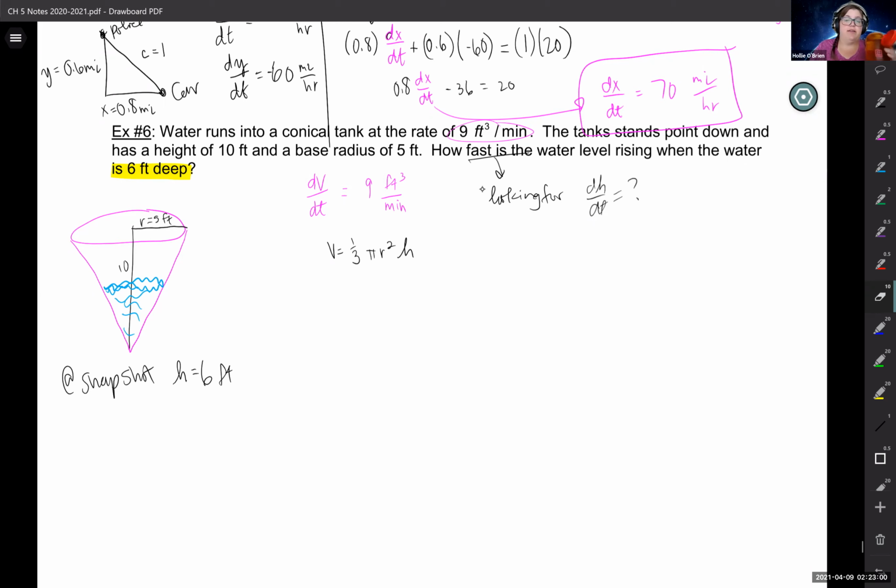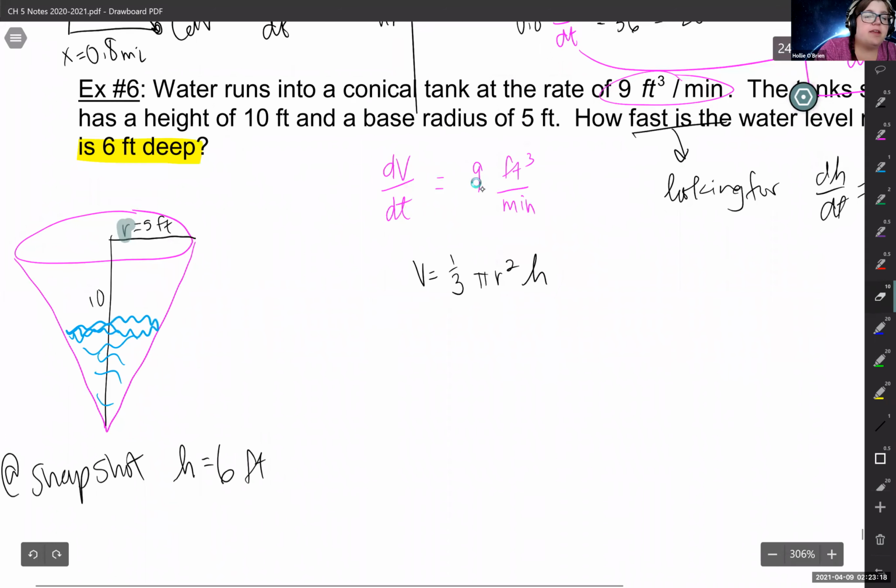There's an issue, right? We have r and h, and this is supposed to be the volume of water, not necessarily the volume of our cone. I bring that up because when I first read the problem, I was like, yeah, r equals 5, h equals 5. But keep in mind, this r and h are all about the volume of water.